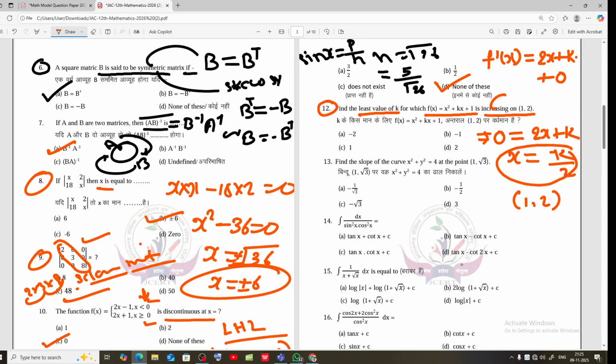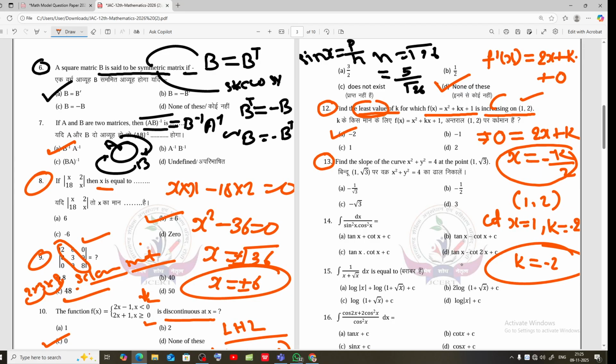At x equal to 1, the value of k will be minus 2, and at x equal to 2, k will be minus 4. In the question, least value is asked, so k will be minus 2. That means minus 2 is the correct answer.